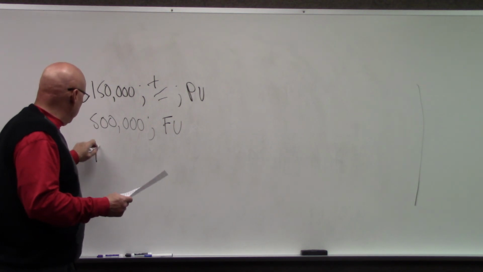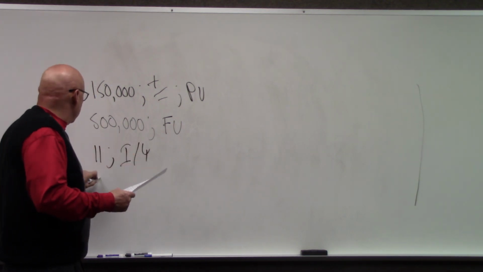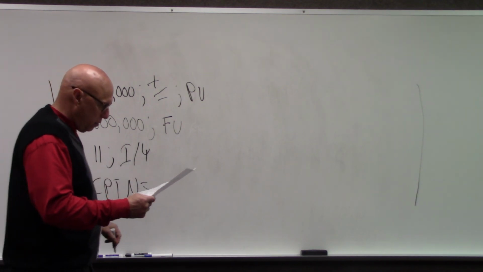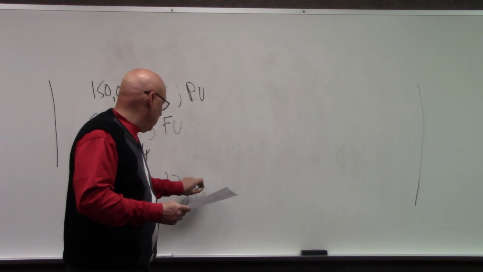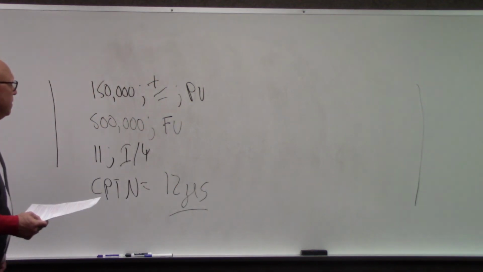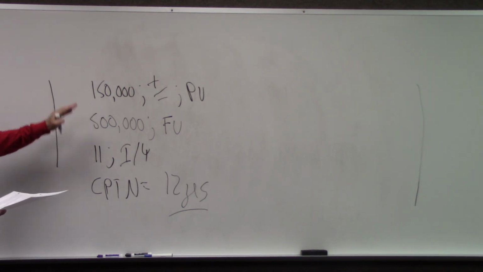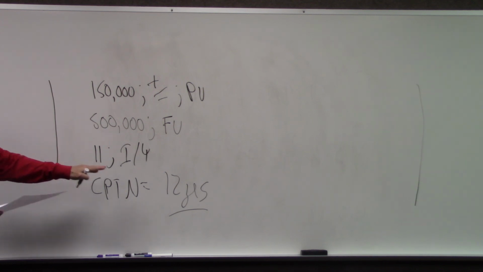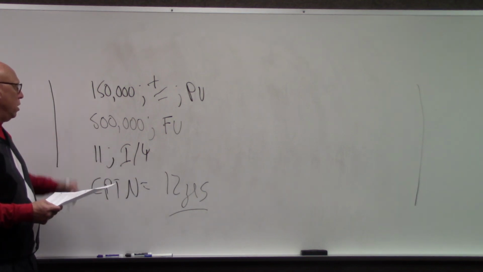And 11 is your IY. Compute N, and the answer is 12 years. If you put $150,000 in today and you earn 11% a year, in 12 years it will become $500,000.